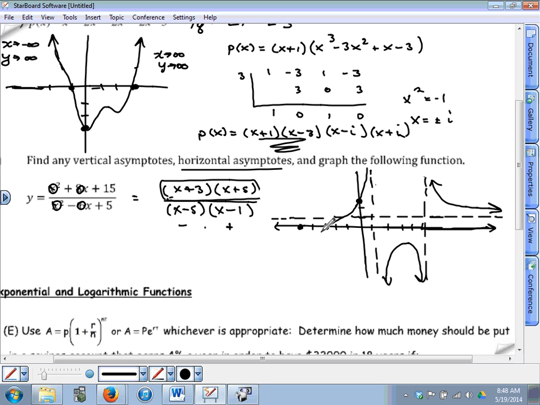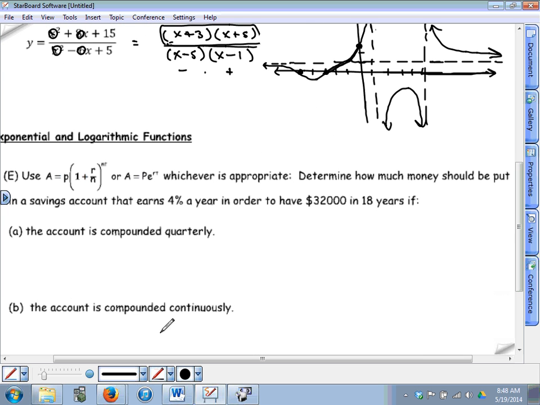So it comes down here, and then where does it go? It has to go back up, and then it levels out and follows that asymptote. The horizontal asymptotes are there to describe the behavior as x approaches infinity. Towards the origin, it can cross through the horizontal asymptote, but eventually it's going to have to level out and follow it. So, it's kind of a weird one. Just plot points. Okay, moving on.